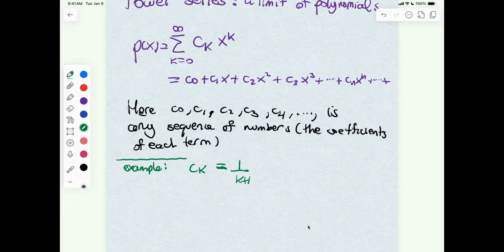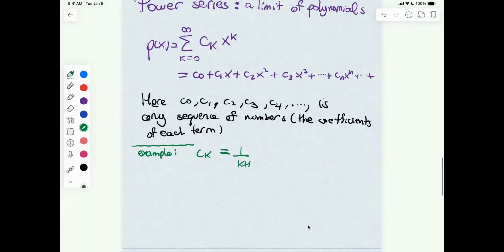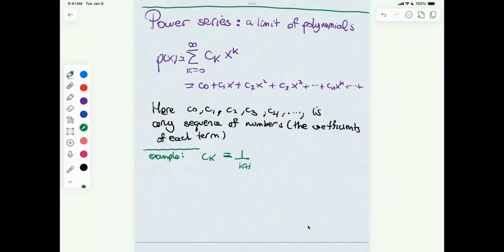Then the power series would be the sum of 1 over k plus 1 times x to the k. And what does that give you? At k equals 0, you get 0 plus 1, which is 1, so you get 1 times x to the 0.